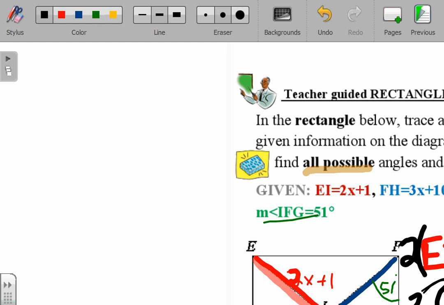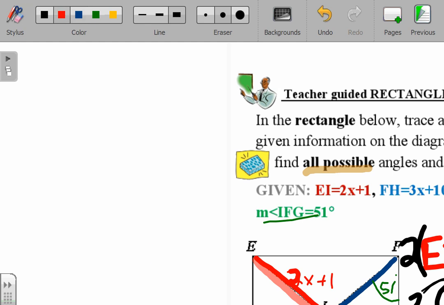X equals 8. Let's make sure this works here. So that means EI is 2 times 8 plus 1. Of course, that's 9. And then FH is 3 times 8 plus 10. Let's go ahead and double check our math there.